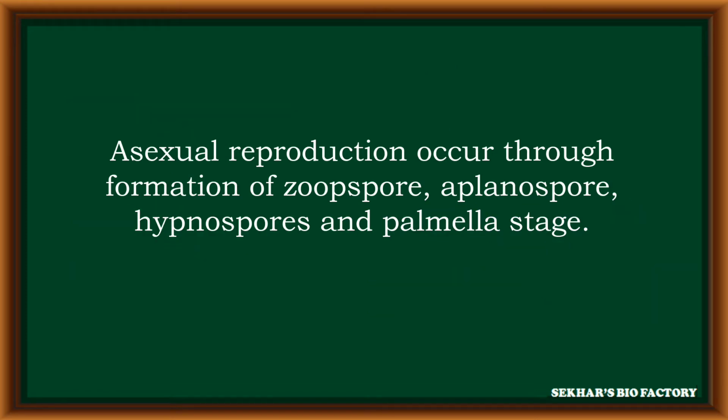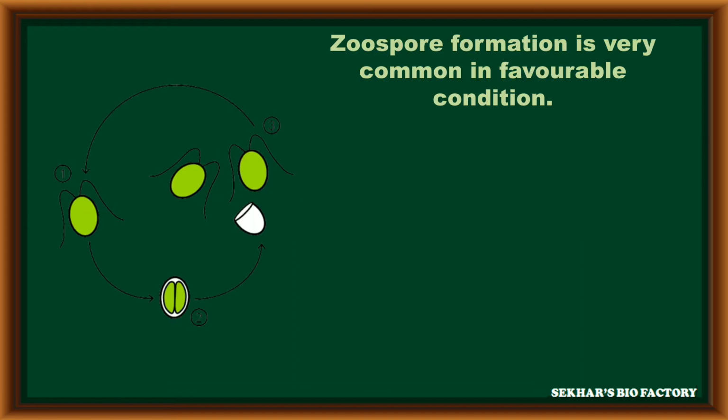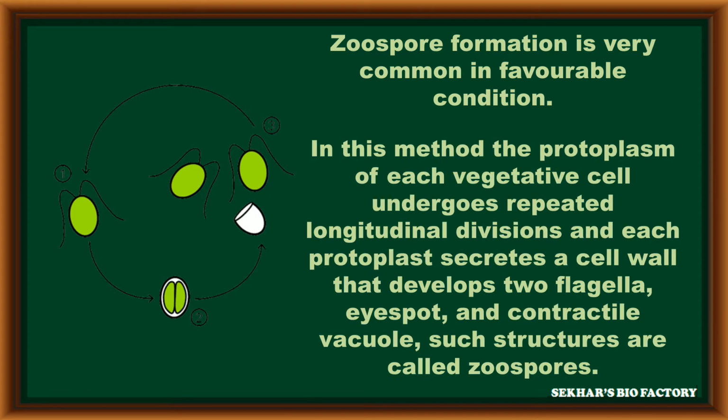Asexual reproduction in Chlamydomonas takes place with the help of zoospores, aplanospores, hypnospores, and palmella stages. Zoospores are a very common method of asexual reproduction. It takes place in favorable conditions. In this method, the protoplasm of each vegetative cell undergoes repeated longitudinal divisions and each protoplast secretes a wall around it.